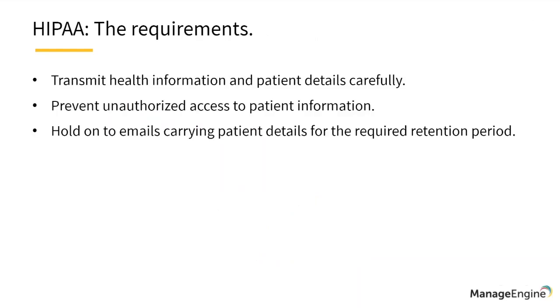So HIPAA requires health organizations to handle medical information securely and properly. It says that healthcare organizations should have the proper measures in place in order to have medical information security and medical information privacy.